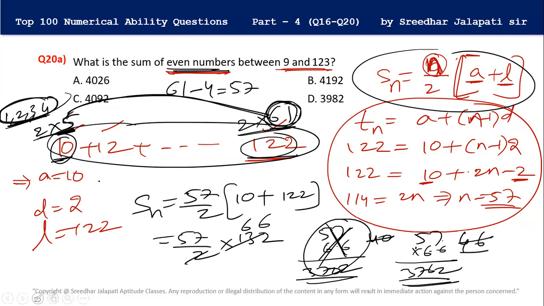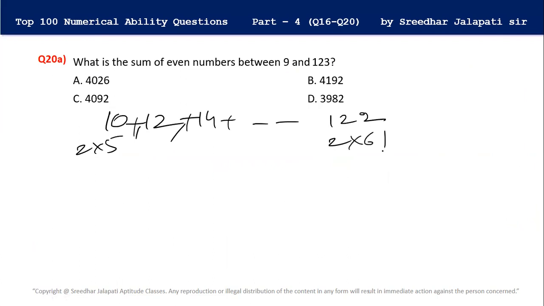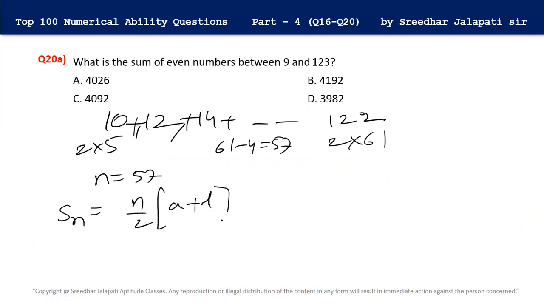Let me check this once again. First term 10, second term 12, then 14, and so on. The last term is 122. This is 2 into 5, this is 2 into 61. So these are a total of 61 minus 4, 57 terms. The formula to find the sum of n terms in an arithmetic progression is n by 2 into (a plus l).